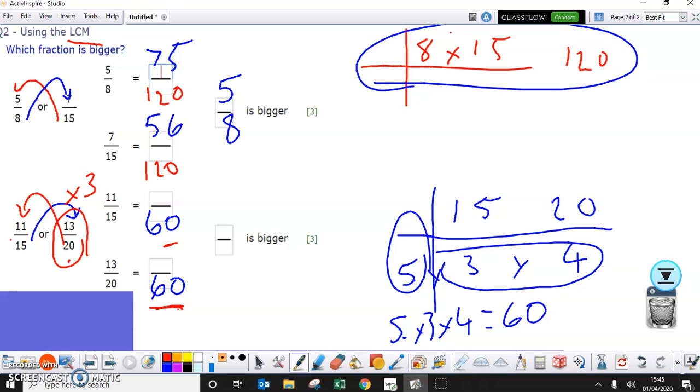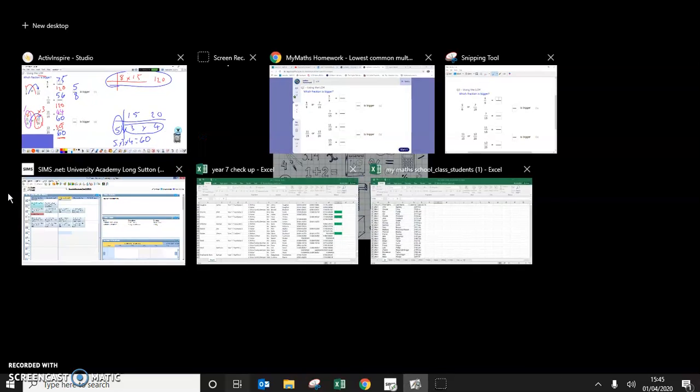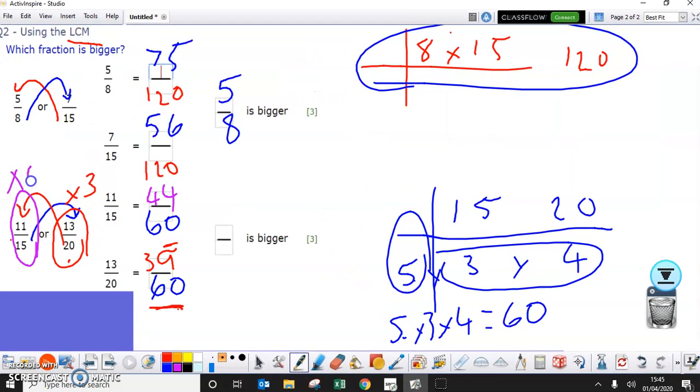So my 13 times by 3 is going to be 39. This fraction I've times by 4. So 4 times 11 gives me 44, times in the whole of that by 4. So my biggest fraction is going to be 11 out of 15.